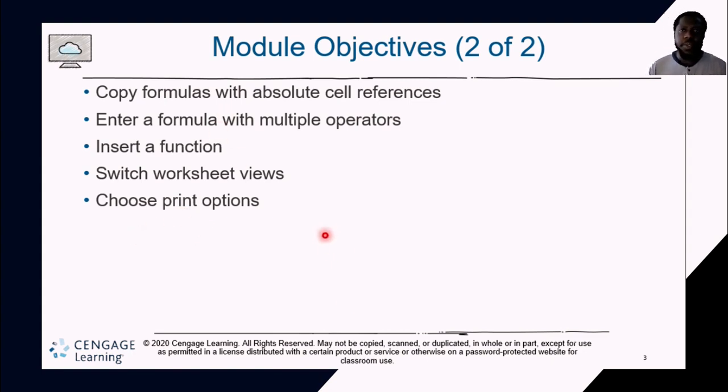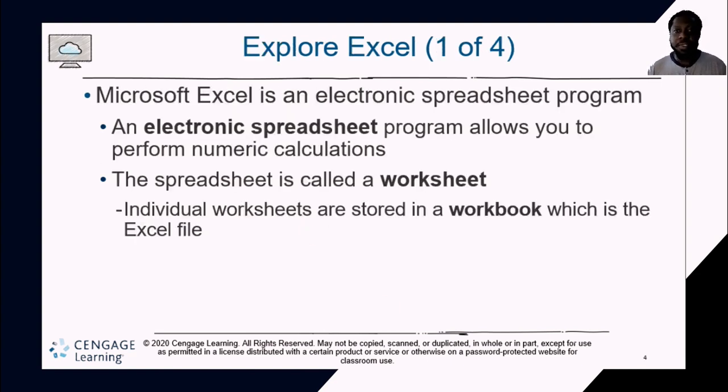Okay, so if you heard me clearly, I made mention of the fact that the general scope is a spreadsheet and not necessarily Microsoft Office Excel. It's just one example. Microsoft Office Excel is just an electronic spreadsheet. By default, any spreadsheet should allow you to perform numeric calculation. This spans across Google Sheets.